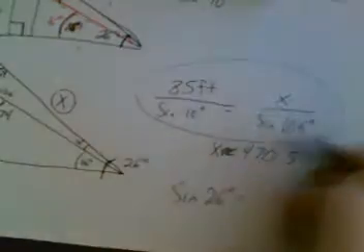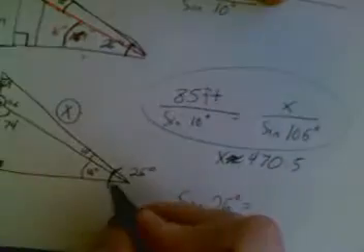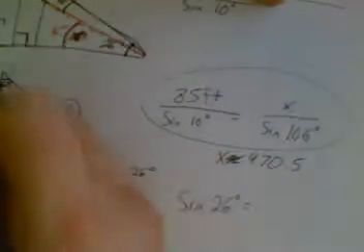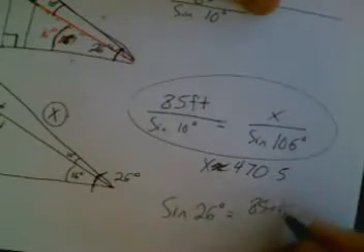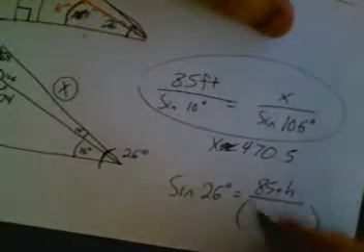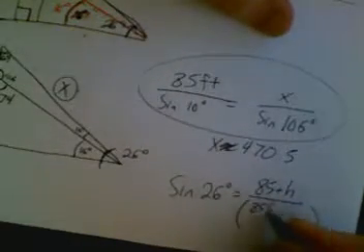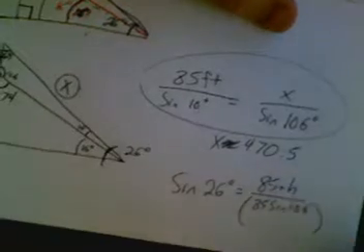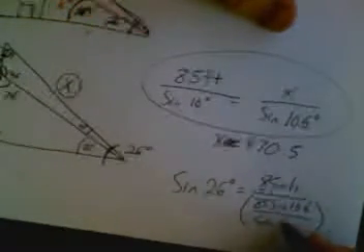So this thing, x equals 85 times this thing divided by this thing, is what I'm going to use. Sine of 26 is equal to the opposite, 85 plus h, divided by that x value, divided by, I'm going to go ahead and write it all in parentheses, 85 times the sine of 106 divided by the sine of 10 degrees.